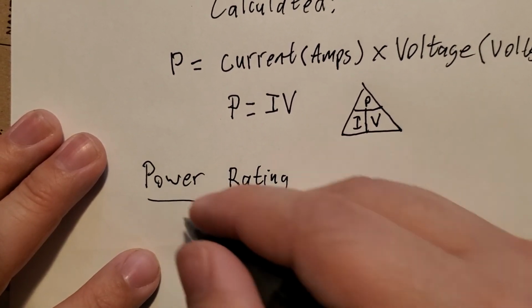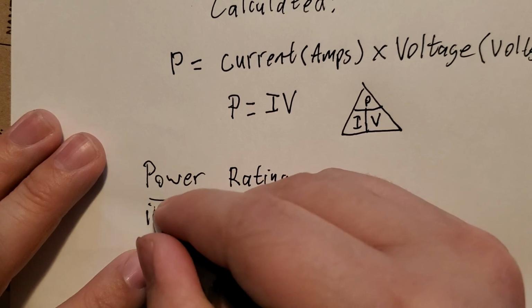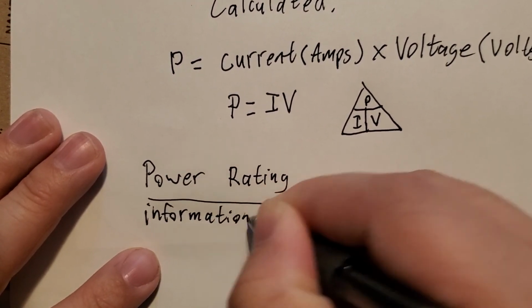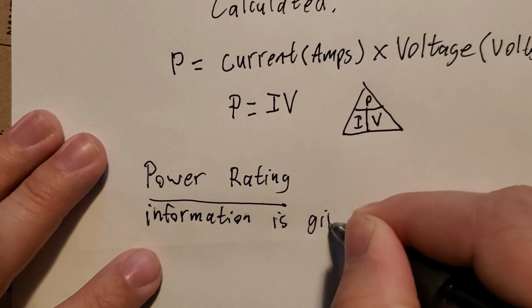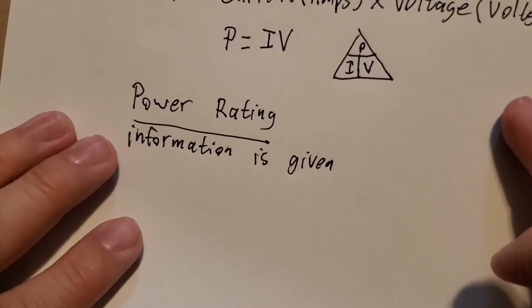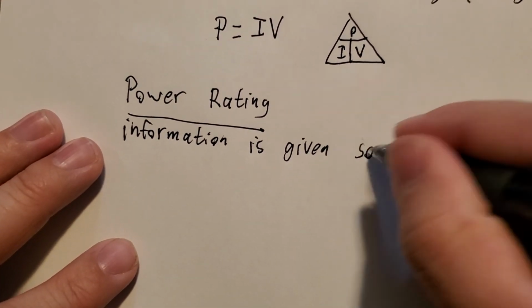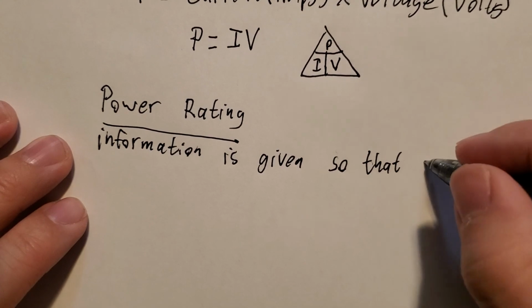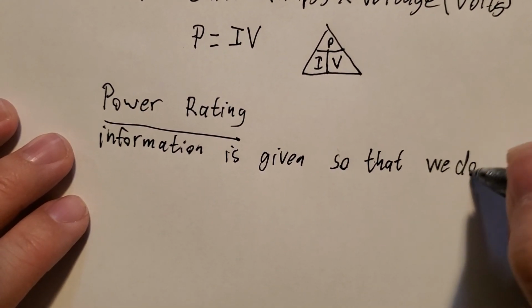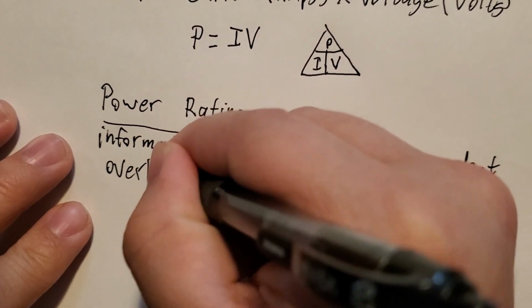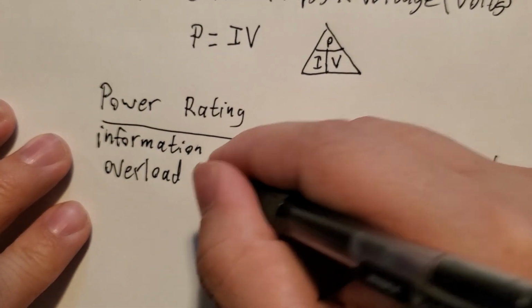It's because this information is given so that we don't overload the circuits at home.